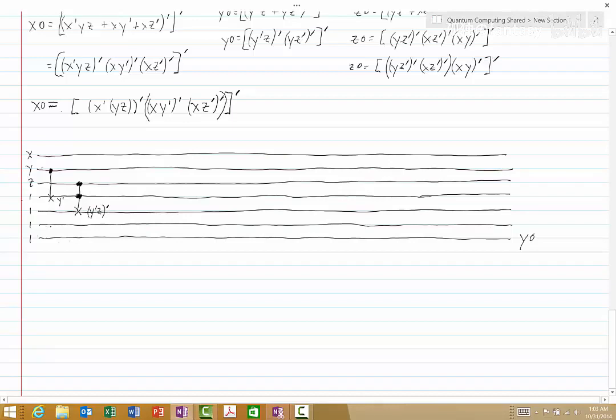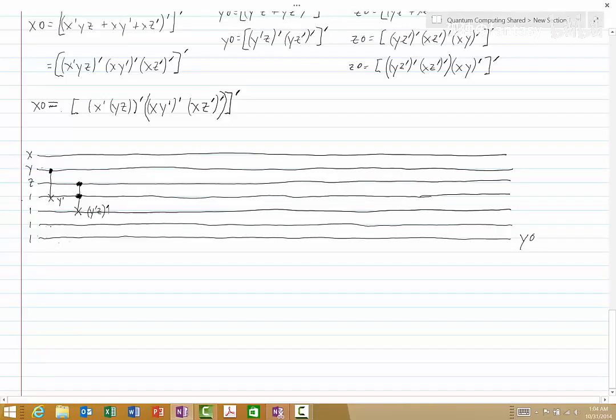Again, if this were 0, then we would get Y prime and Z ANDed together. But this says we want them NANDed together, and so it's convenient to have a 1 here.